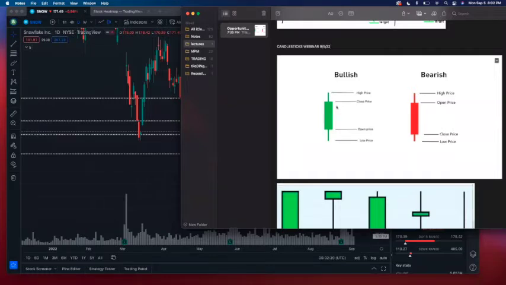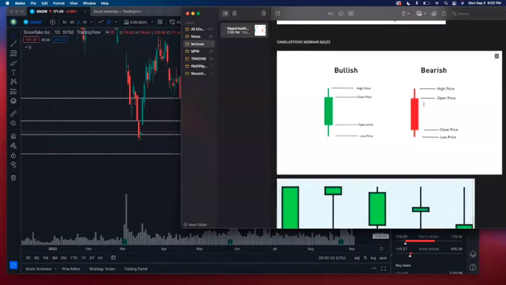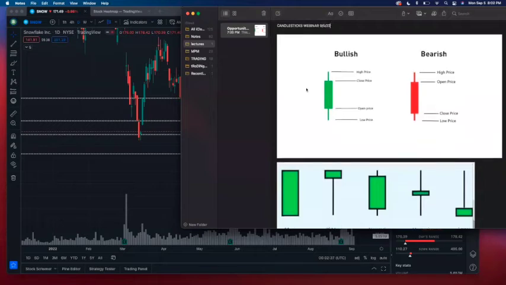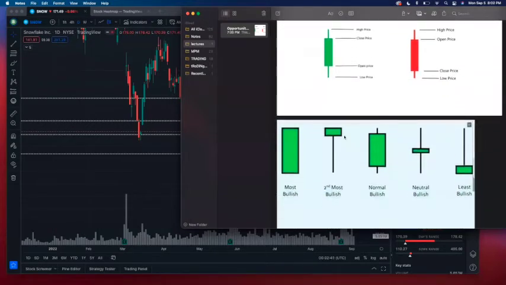Bullish candlesticks mean the price is going up over that period of time. Bearish shows that it's going down over that period of time. If you need more context on that, I guess Google it, but this is basically how it works. I don't want to spend too much time on that.